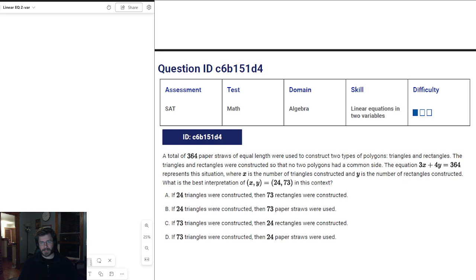Linear functions, of course, or linear equations are those basic y equals mx plus b slope-intercept expressions. We're going to be looking for parallel lines, perpendicular lines, systems of equations, that kind of thing. Without any further ado, let's go ahead and dive right in.